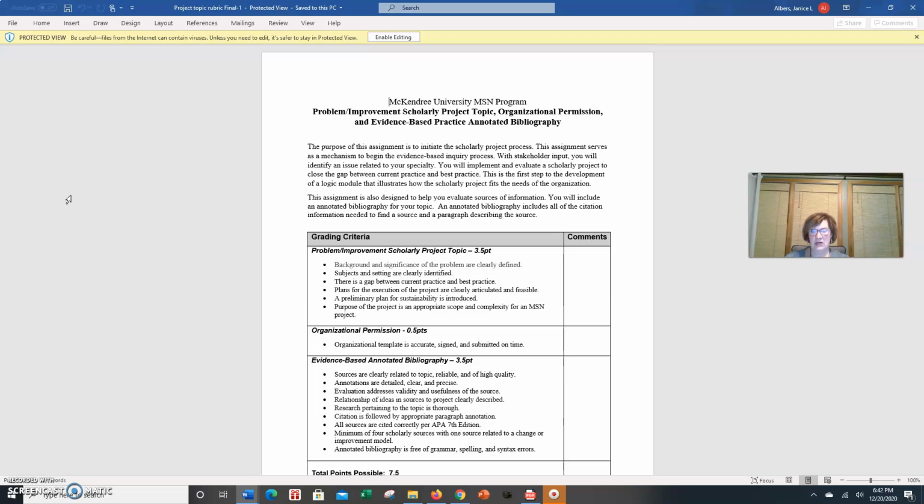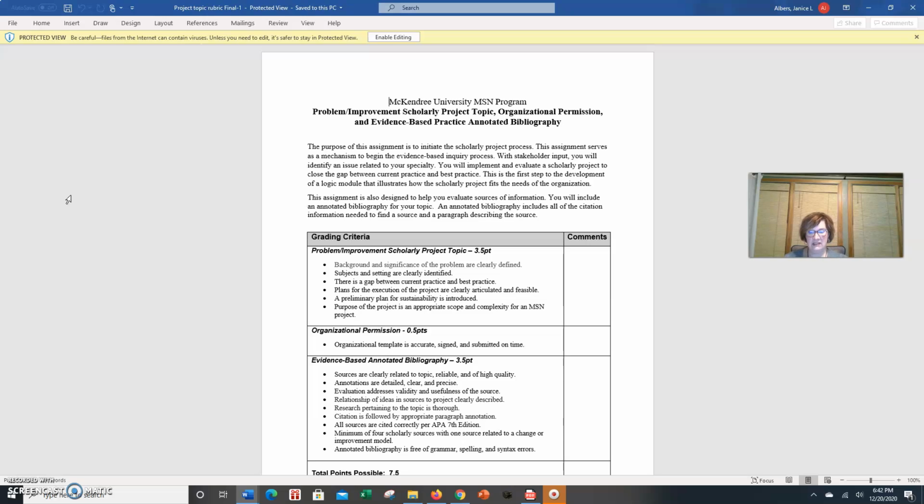And we want to make sure that the project is feasible, so always remember how long we have during this particular time frame in your course. We have a 16-week course. We need to be very real and relevant about what can be attained in that period of time. If you have a relatively large project, you may want to take a component of that project and then continue that project beyond the coursework.